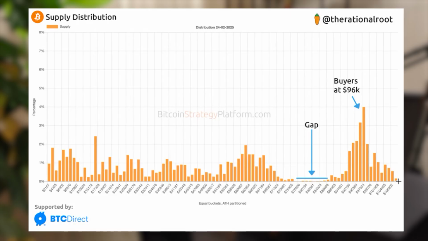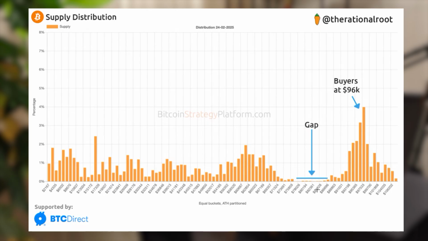We go from the all-time high all the way back to zero, and we see a lot of buyers at this 96K, 97K level, and we had a huge gap here where we just jumped over it from 76K towards that 84K, 85K level.